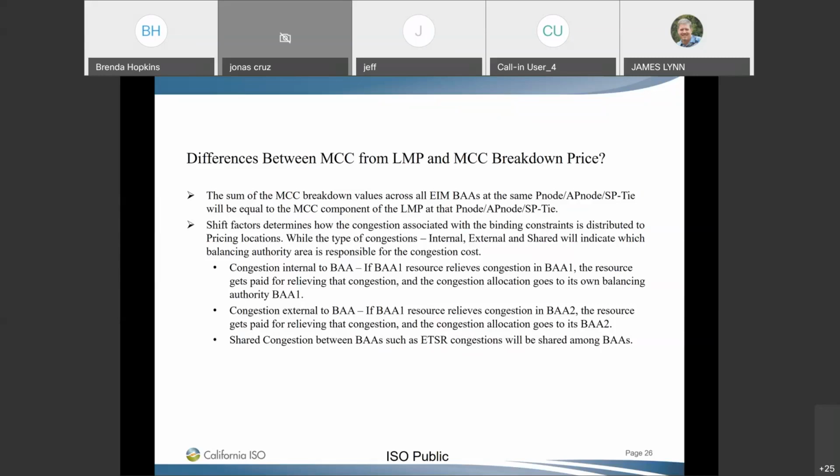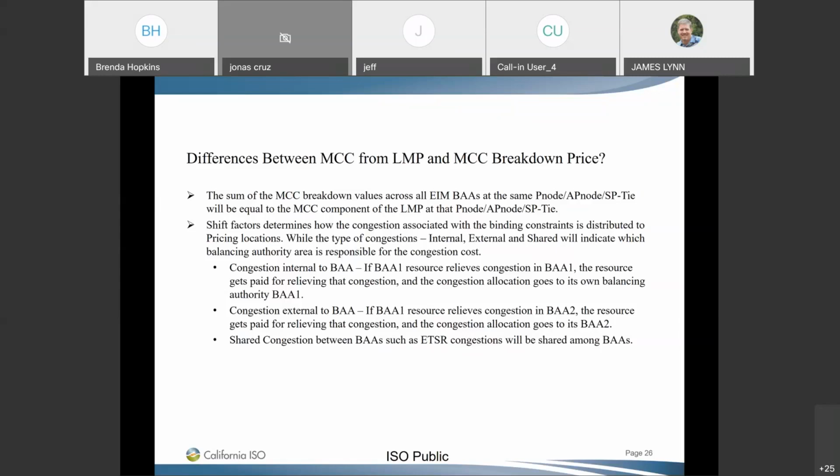Yeah, that can happen, yes. Because what happens is, and this is part of it, when you're separated, you automatically create in the market a power balance constraint violation. We basically have a price separation between your balancing authority area and the rest of EIM.